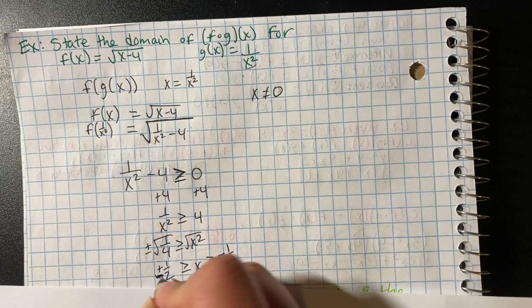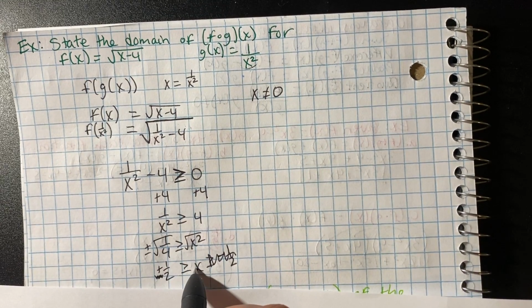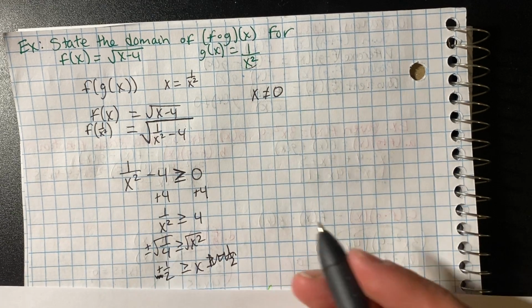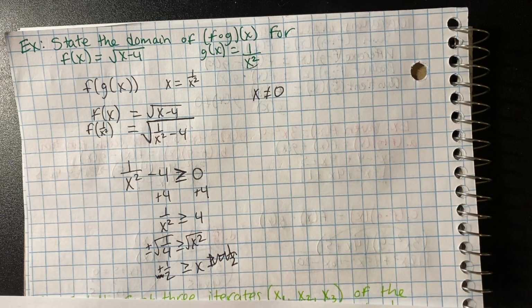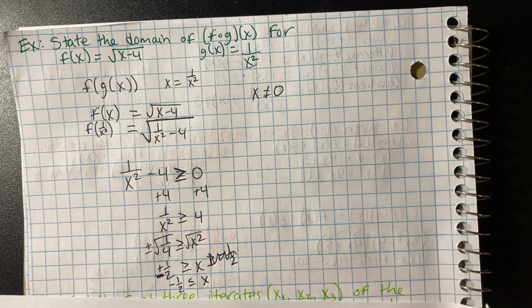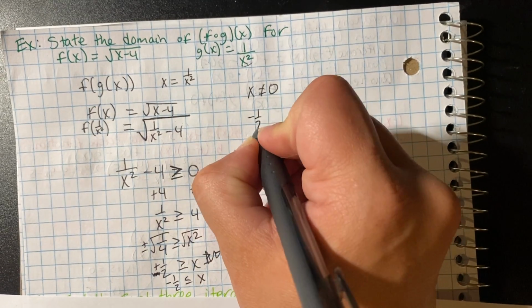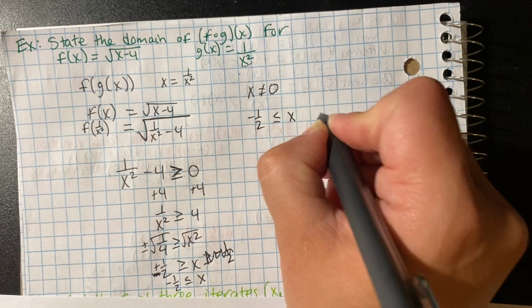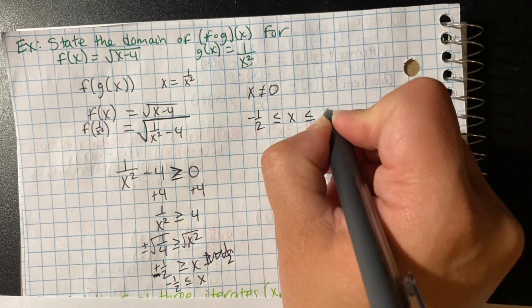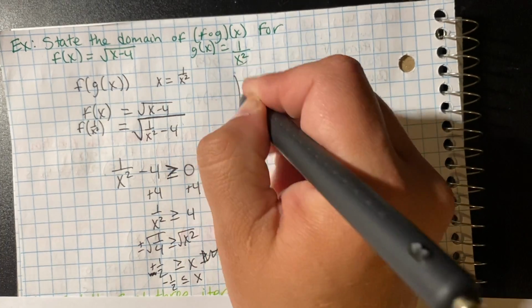Okay, here, let me rewrite this. I can keep this the same: x has to be less than or equal to 1/2. Then if I make this side a negative though, I have to flip my sign because of that rule. So what we're going to say is negative 1/2 less than or equal to x, which has to be less than or equal to 1/2. Okay, but x cannot be 0.